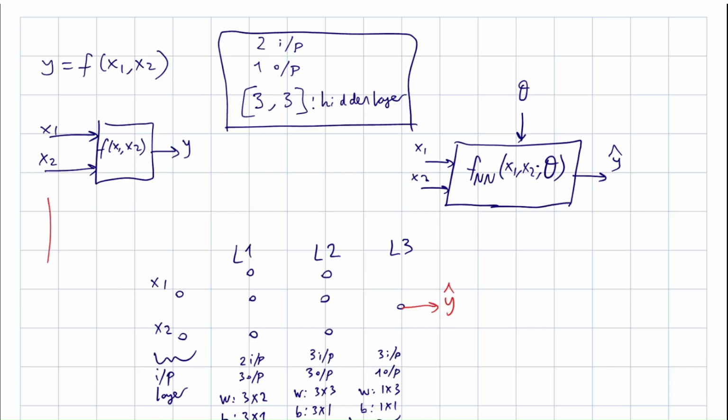So maybe this will be some bowl-like shaped function. Two inputs and one output.